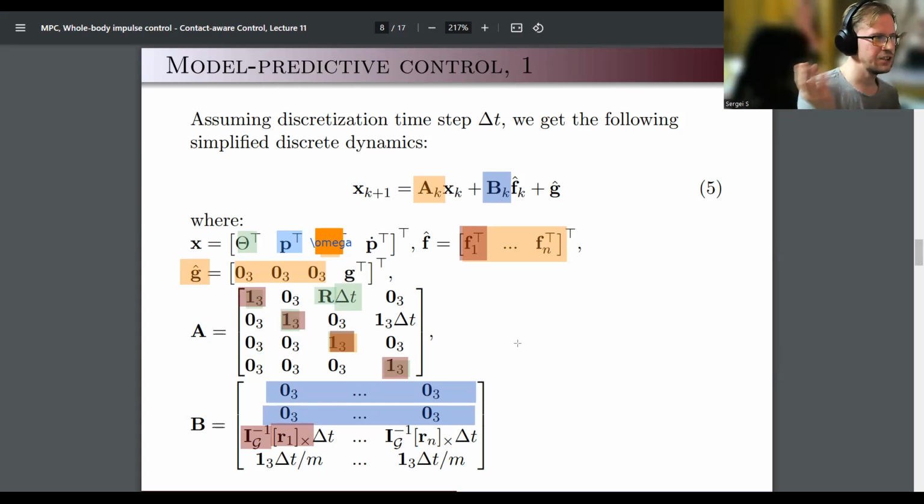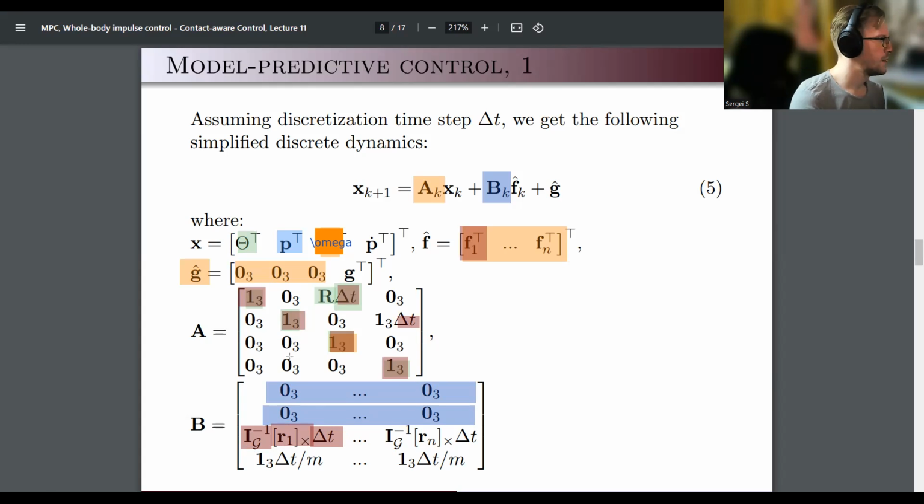Instead we divided the whole equation by this inertia matrix, and it ended up only here, because that used to be the right hand side of our Euler equation. So when we divided by it, we got it here. And it is multiplied by dt for the same reason as this is multiplied by dt and this is multiplied by dt. Right? Discretization.